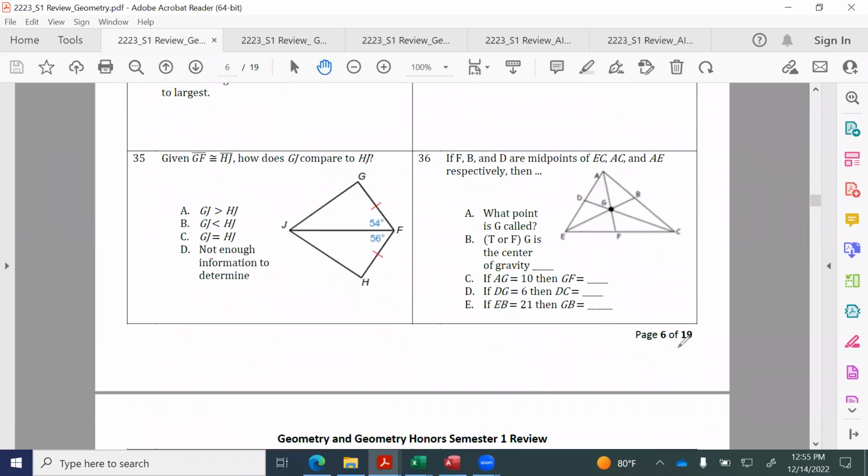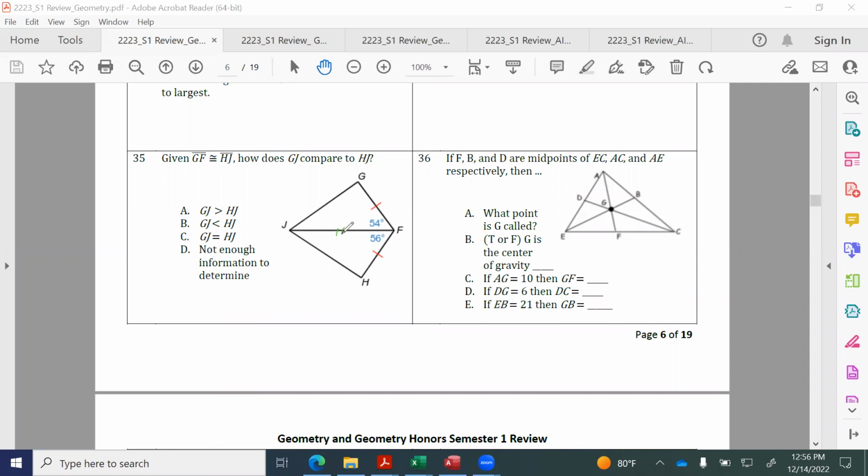Right, on 35, how does GJ compare to HJ? So again, this one and this one. Well, we have angles over here. These two sides are congruent. This side is shared, so they're congruent. So we have two sides and an included angle. Well, the sides are the same, but the angle's different. So that means the side across from the bigger angle has to be bigger than the one across from the smaller angle.